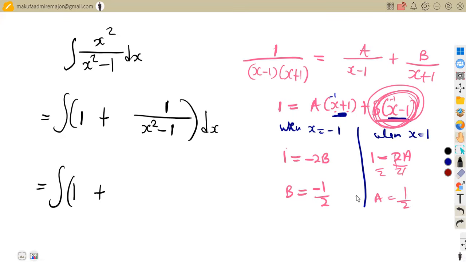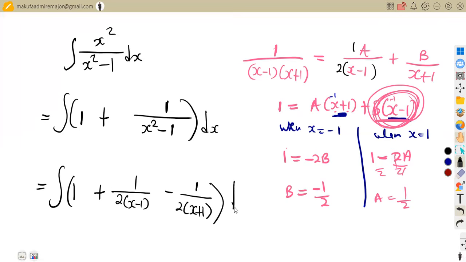But we can't write 1 over 2 on top like that, we write it as 1 over 2 in this bracket. So it is going to be 1 over 2 into x minus 1, plus our b, which is minus half, minus 1 over 2 into x plus 1. So this is the whole part that we're going to remain with.